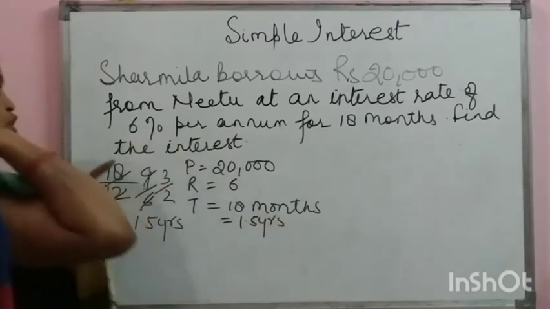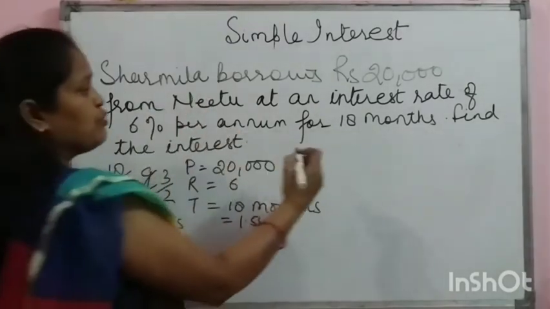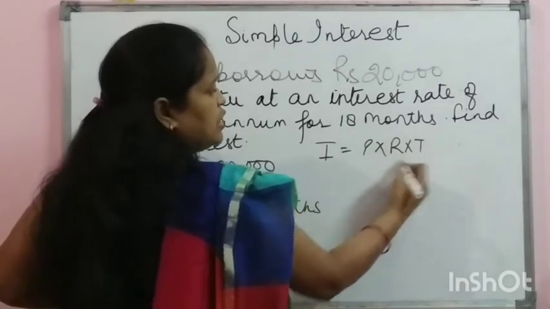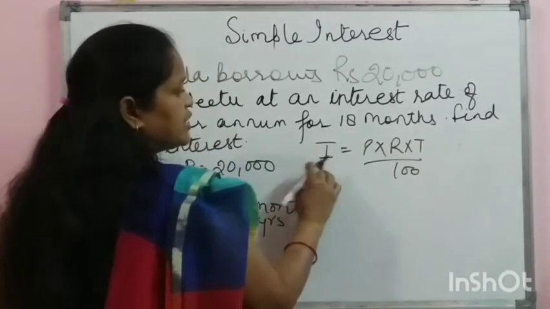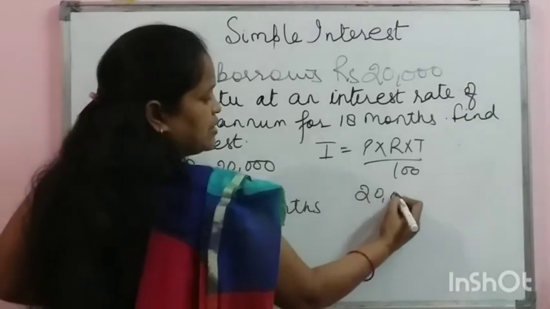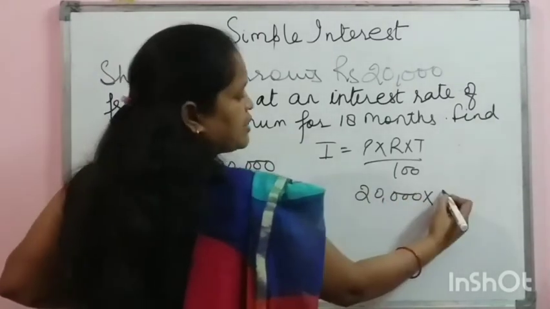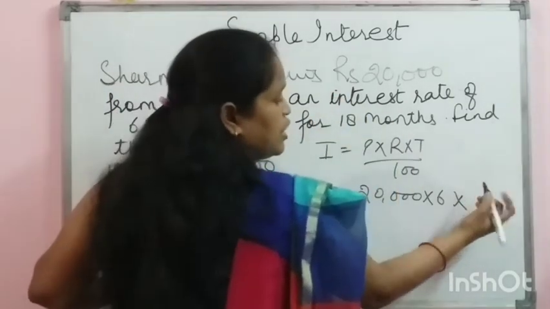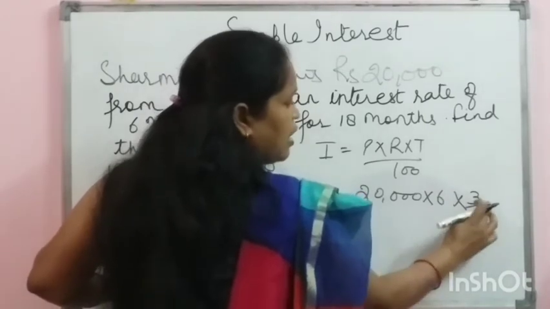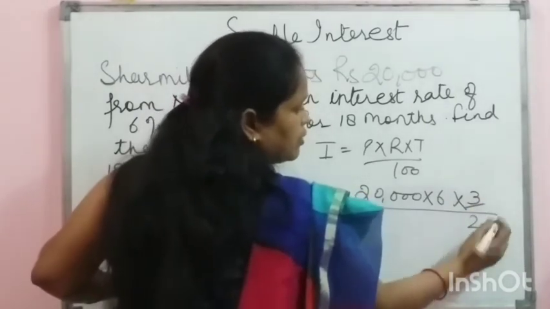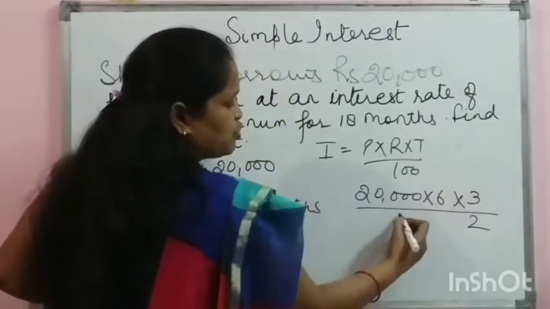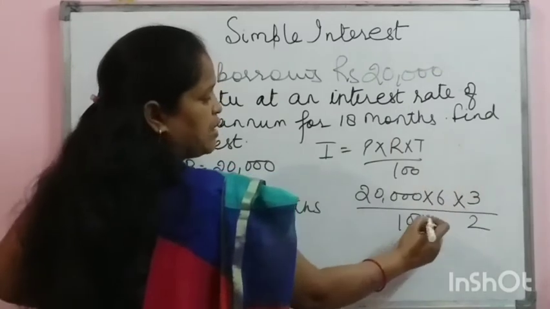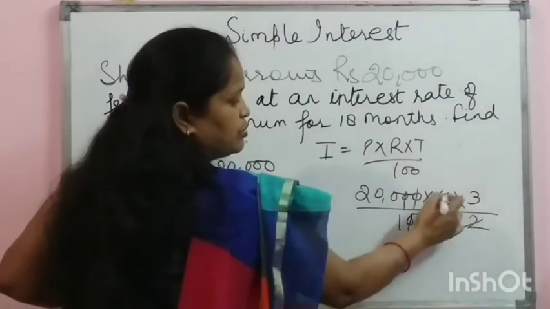Now the question is, you have to find the interest. As you all know, I is equal to P into R into T upon 100. ठीक है, P क्या है 20,000, R क्या है आपका 6 पर एनम, और आपने T को भी ईयर में कन्वर्ट कर दिया, तो आप इसको 3/2 भी लिख सकते हैं, या फिर आप इसको 1.5 भी ले सकते हैं, एज यू विश. तो मैंने क्या किया, मैंने 3/2 ही रहने दिया. ठीक है, उसको और सिंप्लीफाई नहीं किया. अब हम इसको सिंप्लीफाई करेंगे. 2 3s are 6.